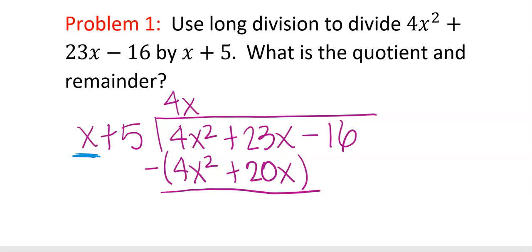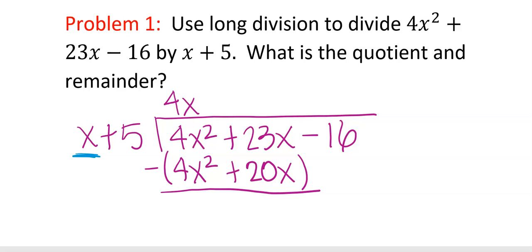So the number of terms here matches the number of terms there. So to get your 20x, you don't even look at the 23x. All I'm doing is multiplying these two. It's kind of like distributing the 4x to the x plus 5. That's all we're doing. Now we're going to subtract them.